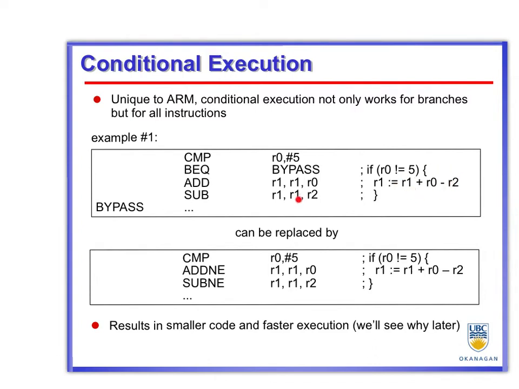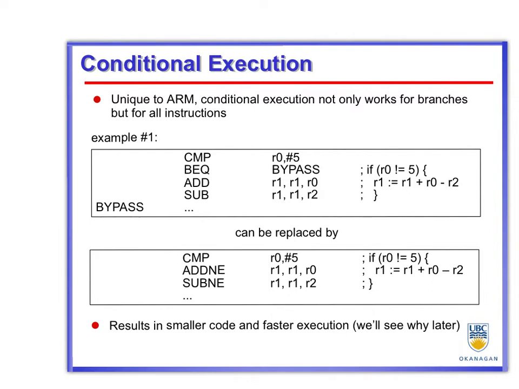We're doing this over here, and put that into R1, so it does this. And then it keeps going with what comes after. Okay, so that's one way you can do it in ARM. You use a branch instruction. If these two numbers are equal, it's going to branch down here, it's going to skip these two lines. If they're not equal, it's not going to branch, it's going to do these two instructions, and then keep going with what's here.